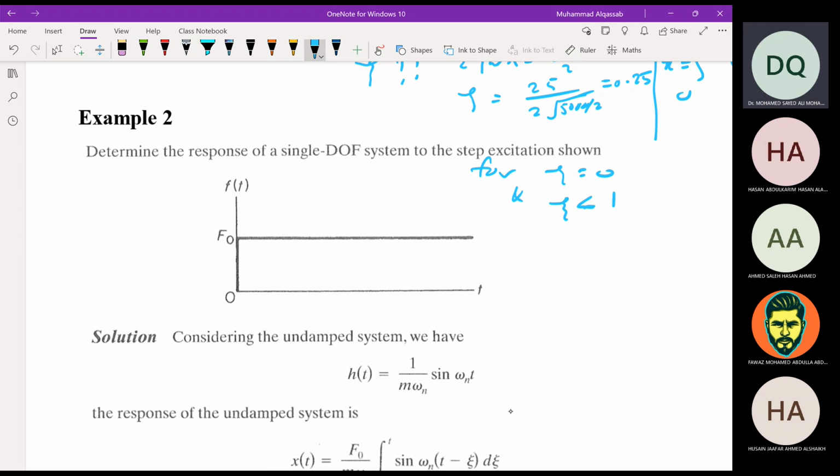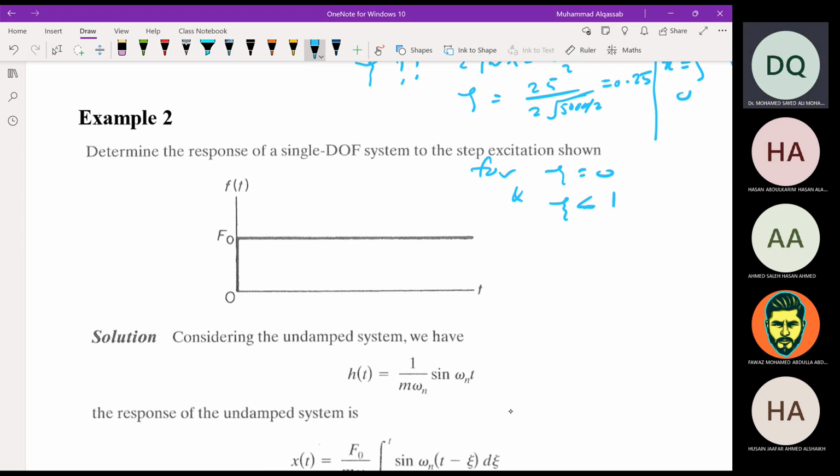And then when T equals 0, F1 is 0. And when T equals T1, F1 equals F0. This equation, of course, is valid. It can continue for T greater than T1, but you will not use it for T greater than T1.